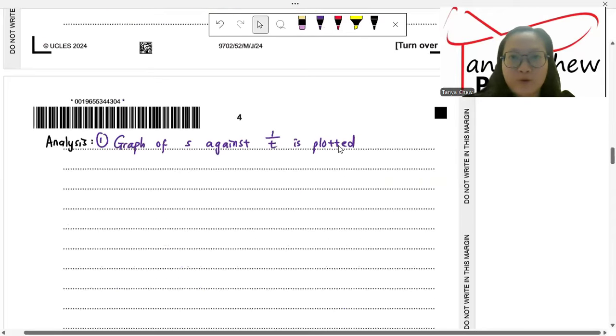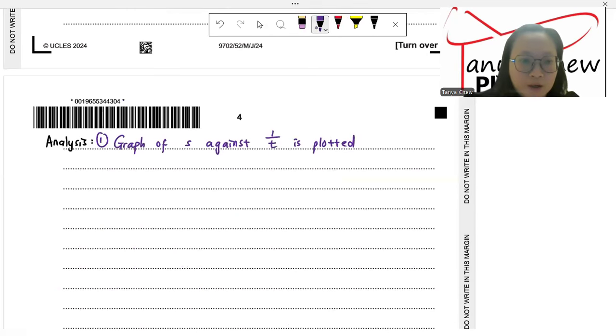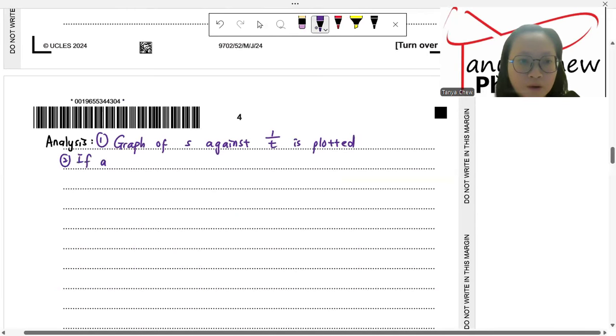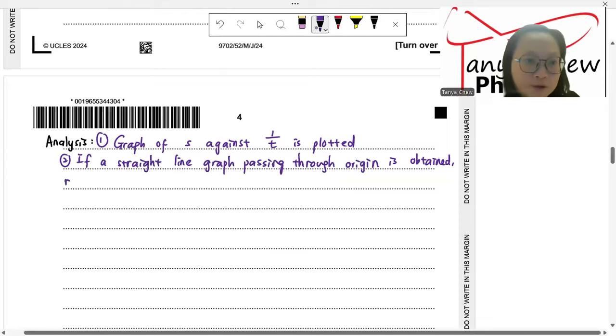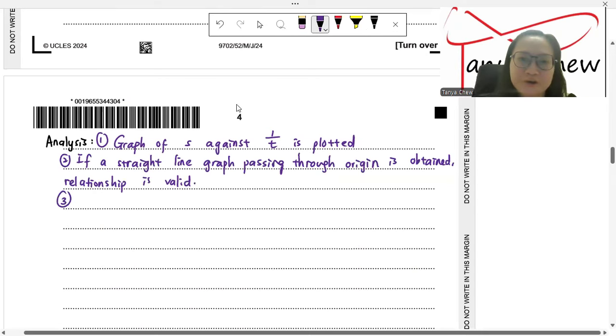So that is why the second point is, if a straight line graph passing through the origin is obtained, then the relationship is valid. That's all.